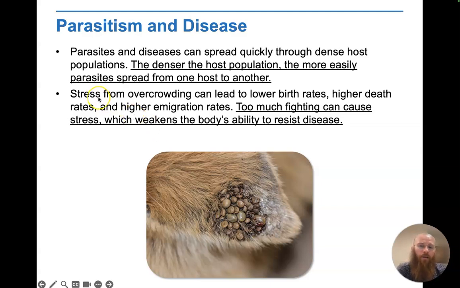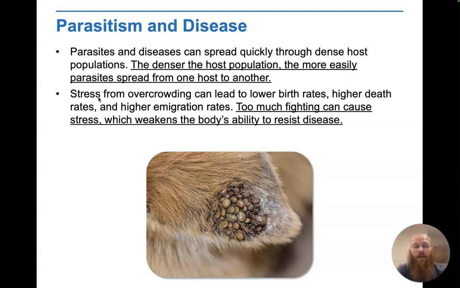There's also stress from overcrowding that can lead to higher competition and less availability of resources, and this can lead to, like we just discussed in the previous slide, lower birth rates, where we're surviving but not able to reproduce as much, higher death rates, as fewer individuals will survive, and higher emigration rates, where we're moving out of the area in order to look for better environments with more available resources.